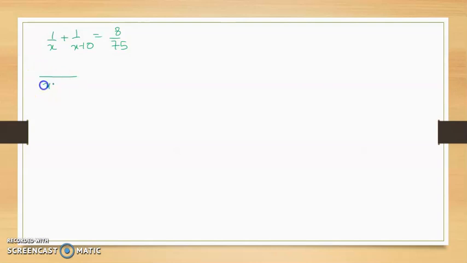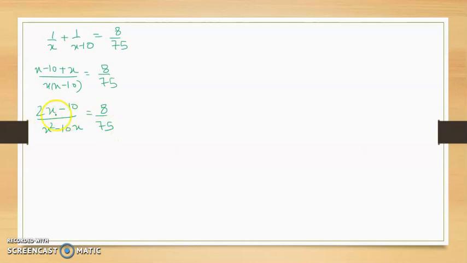This will be x minus 10 plus x over x into x minus 10, equal to 8 upon 75. So 2x minus 10 upon x square minus 10x is equal to 8 upon 75.